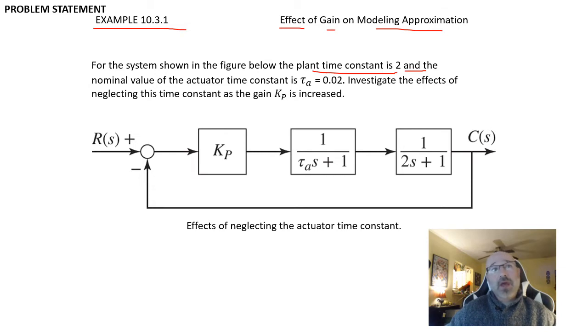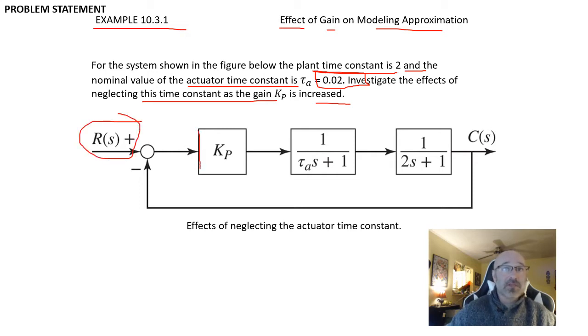And the nominal value of the actuator time constant is given to us as tau sub a is equal to 0.02. They ask us to look at the effects of neglecting this time constant as our gain, given to us as k sub p, is increased. Over here we have our r sub s coming in. Here's our k sub p, our gain.